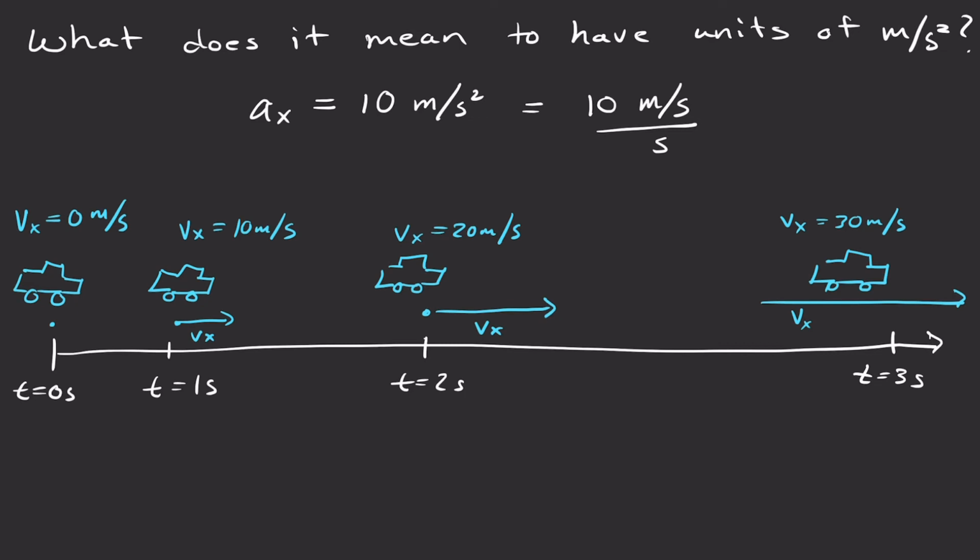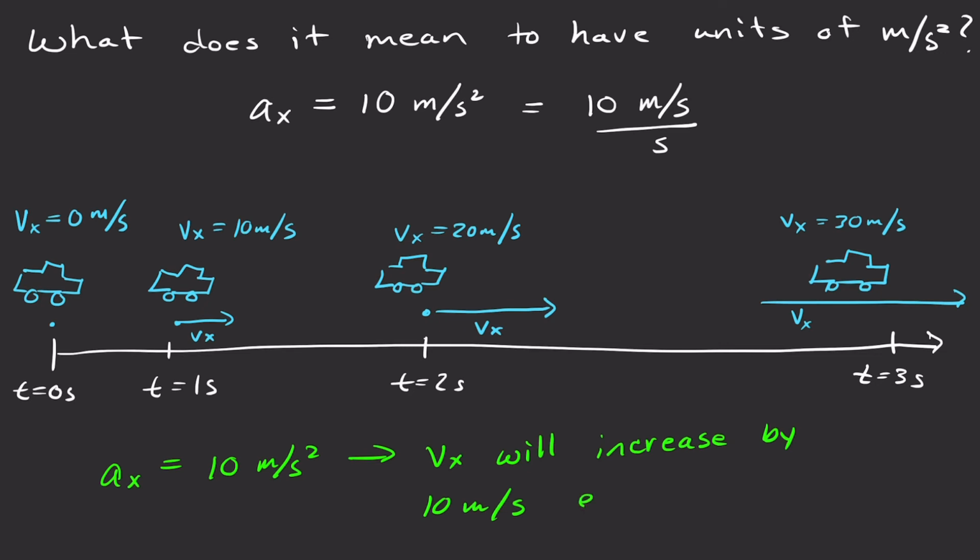Okay, so a_x equals 10 meters per second squared. This means your velocity in the x direction will increase by 10 meters per second every second.